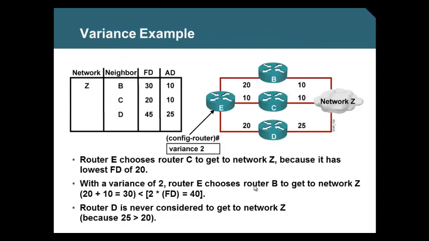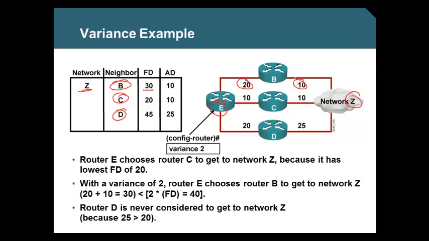Example, we see 3 paths between E and Z. Three paths: one via B to reach Z from E, one via C, another via D. The total metric is 30 via B, 20 plus 10.